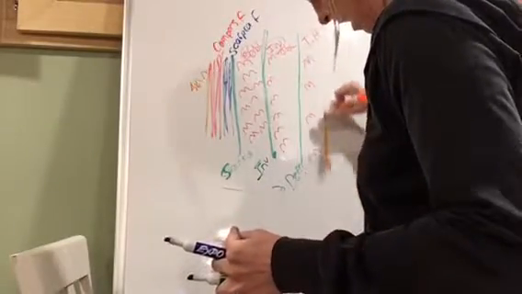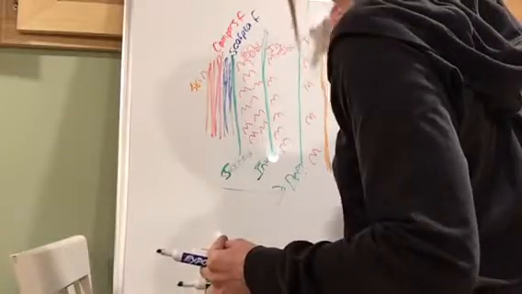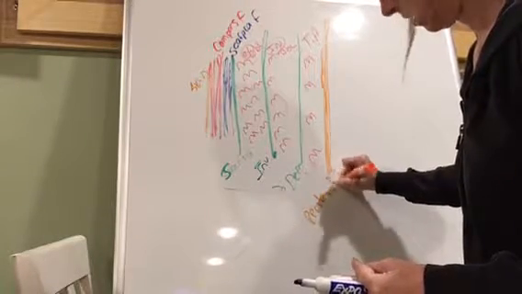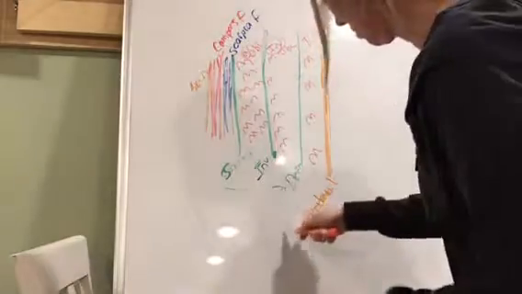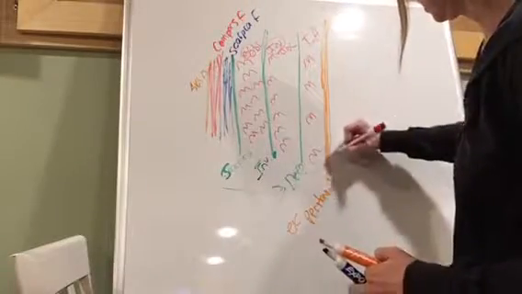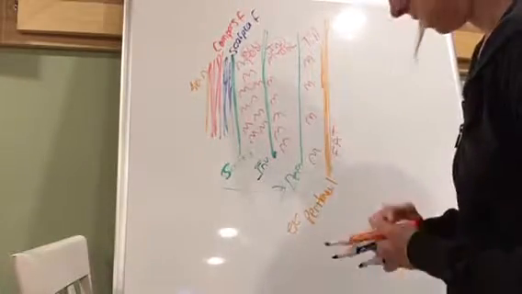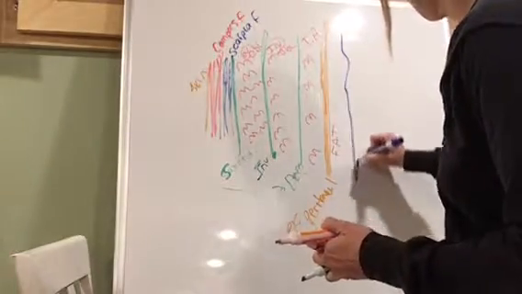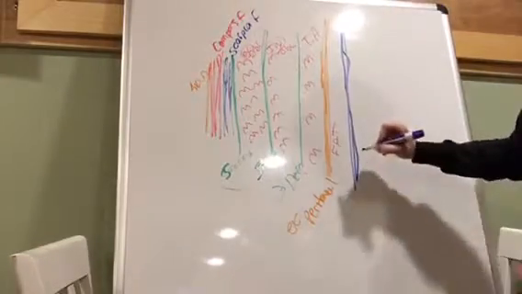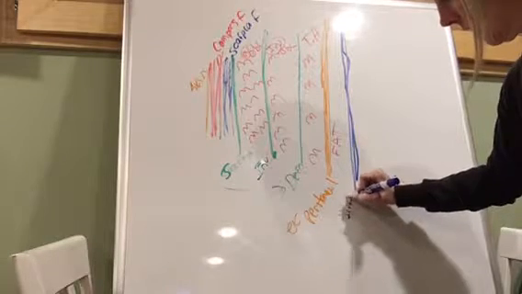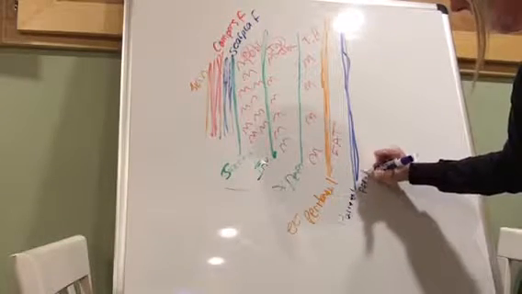And after your TA, this is where your peritoneal tissue is. The external peritoneal, because this is external, and your fat. And then right here you have your parietal peritoneum.